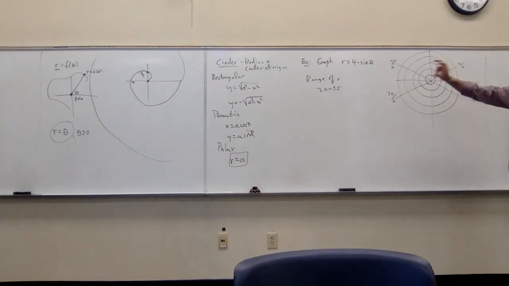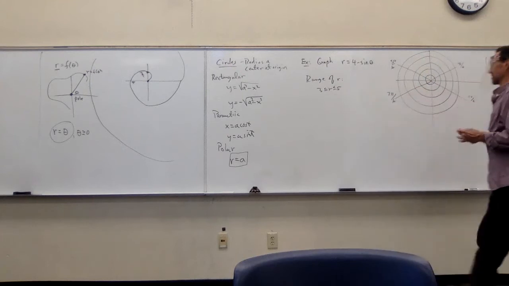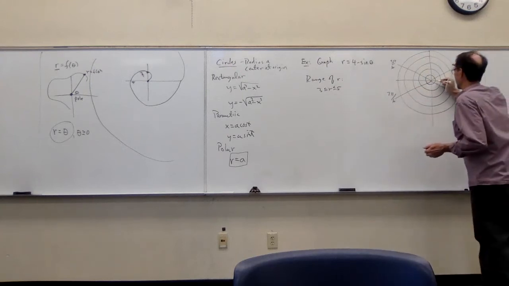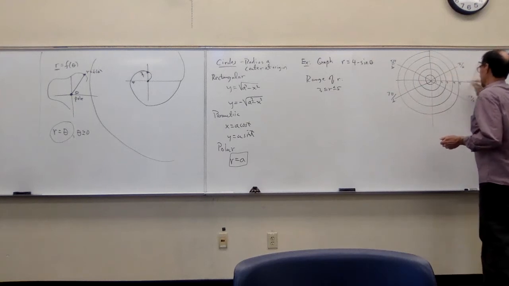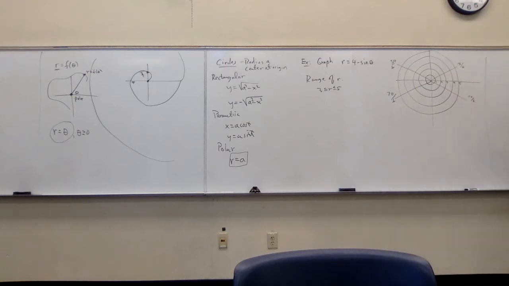I make that observation, and then I know how to measure in my polar plane. These circles could be 1 unit apart, or 4 units apart, or a third of a unit apart, whatever seems reasonable. Because there are 5 of them and the function gets no bigger than 5, we're just going to let each one be 1 unit further away. So the radii of these circles are 1, 2, 3, 4, 5. In this particular function, the whole graph is between the circle corresponding to 3 and the circle corresponding to 5.